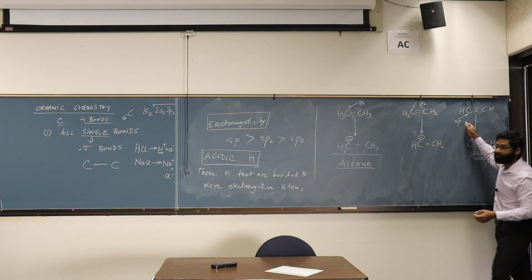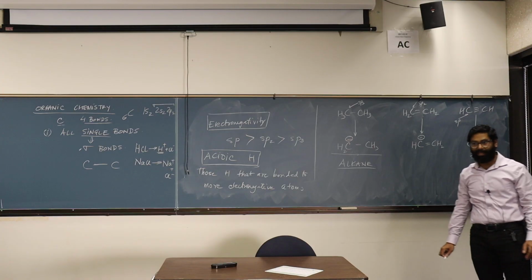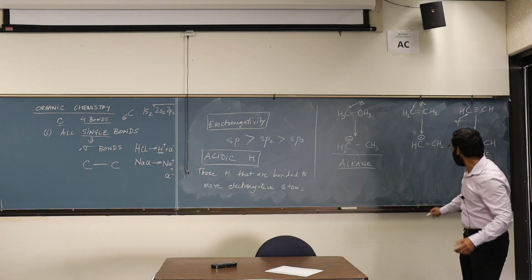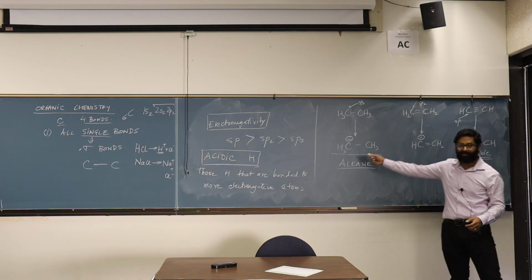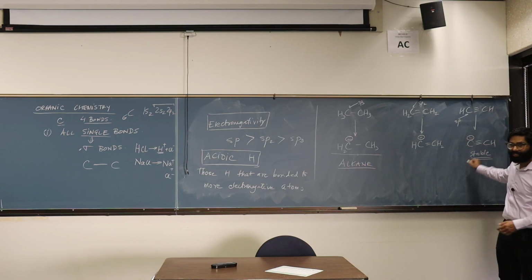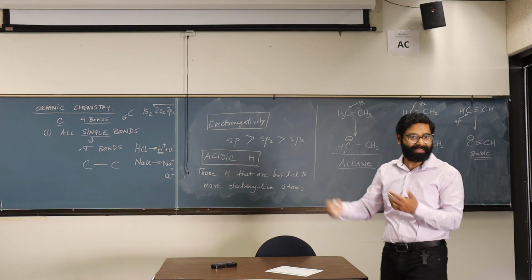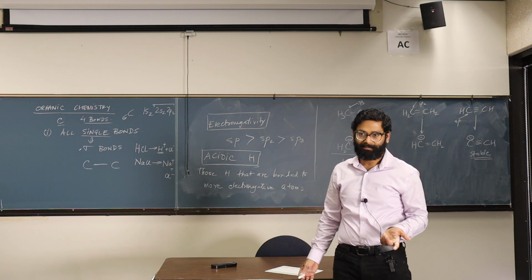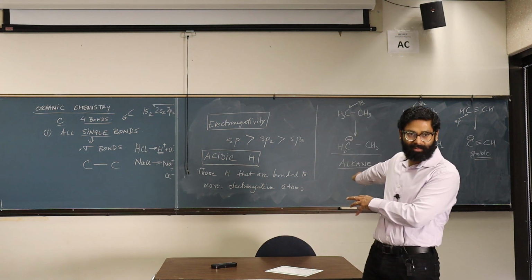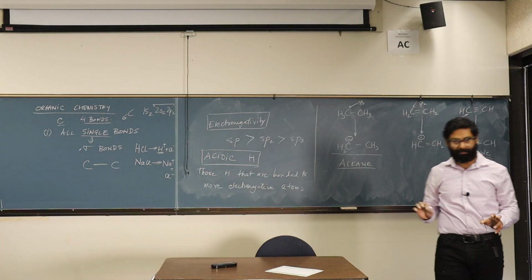But give sodium metal to C2H2, it is going to react with that because of this H, which is slightly more acidic than these. But is this H super acidic like the acetic acid H? No, it's not. But relatively, it is more acidic. Make sense?